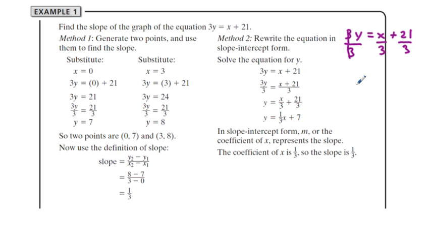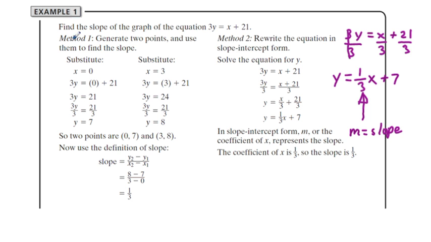So we have 3 over 3 cancel on the left side. We have y is equal to x over 3, which is going to be 1/3 x, and then 21 over 3 is 7. So this coefficient here of x is our m, which is our slope. So that is our answer.